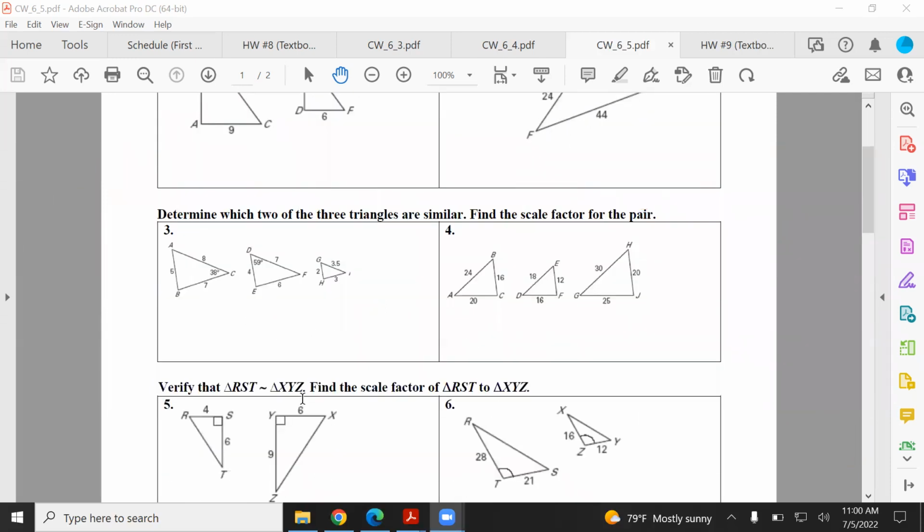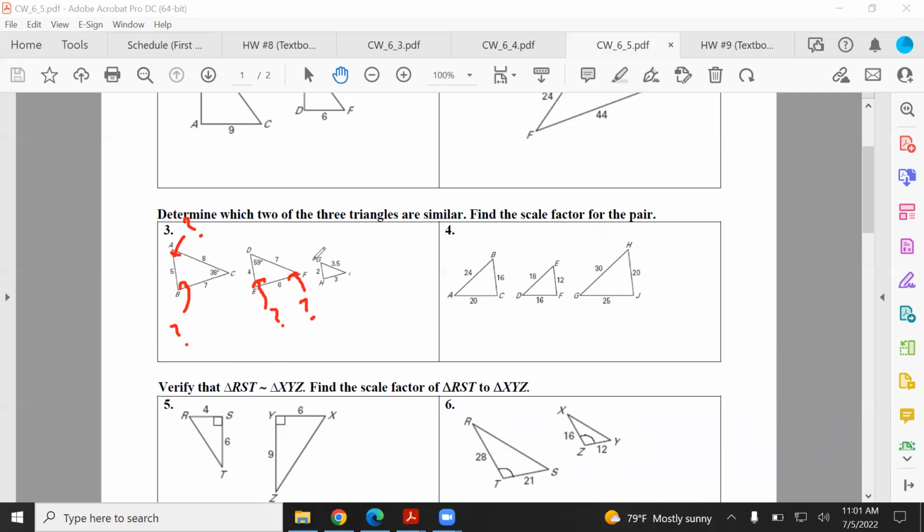Determine which two of the three triangles are similar. Find a scale factor. Ooh, this is interesting. Well, obviously, I don't know that angle, nor do I know that angle, right? And likewise here. I don't know that angle, nor do I know that angle.